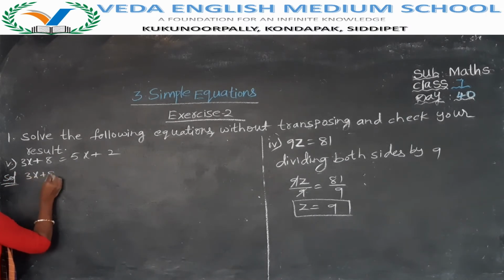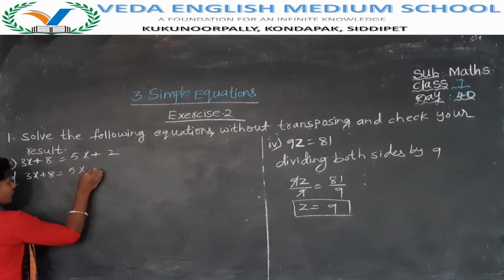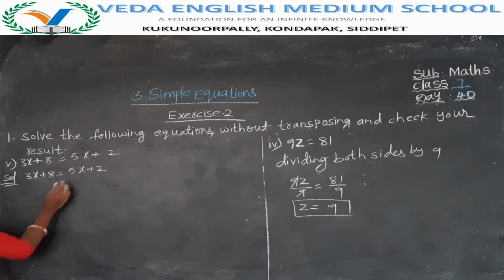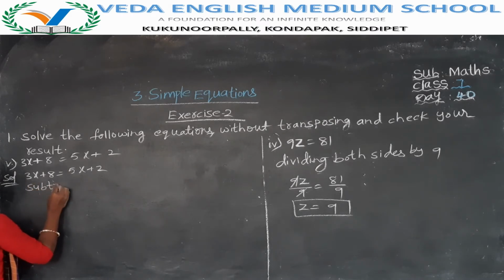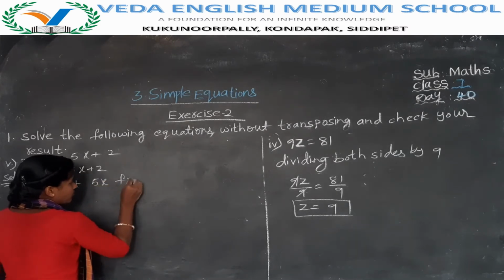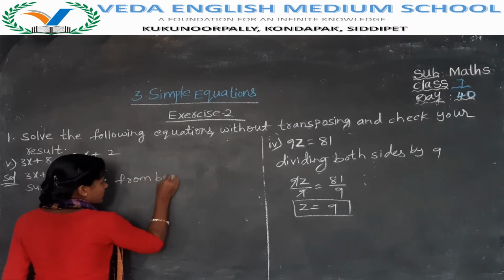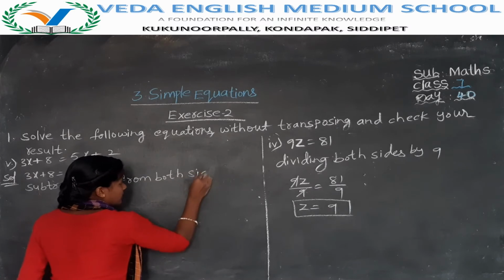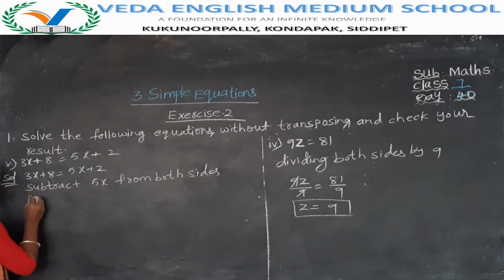Solution. 3x plus 8 is equal to 5x plus 2. Subtract 5x from both sides. Both sides means LHS side and RHS side. Now 3x plus 8, we have to subtract 5x.